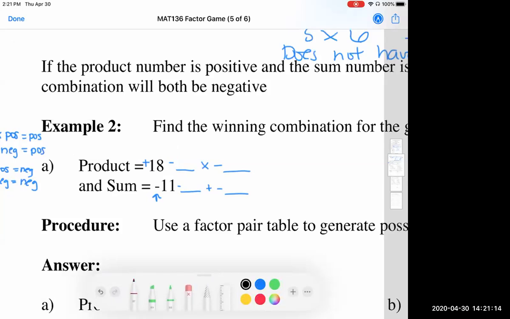All right, so we can get 18 from 9 times 2. That would work, right? Sorry, negative 9 and negative 2. When I add them, negative 9 and negative 2, I get negative 11. So that works out. Let me emphasize that negative.